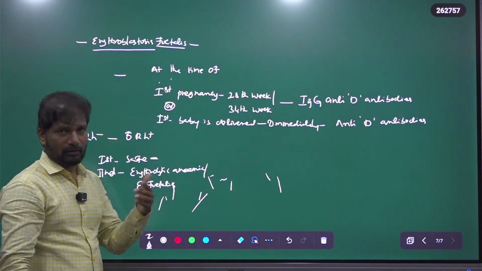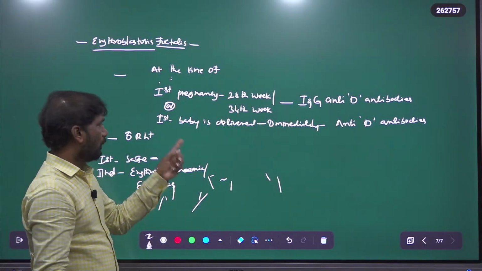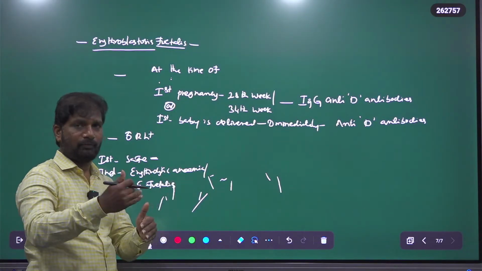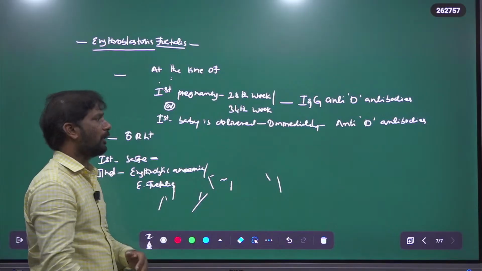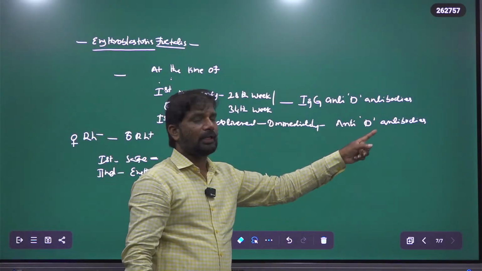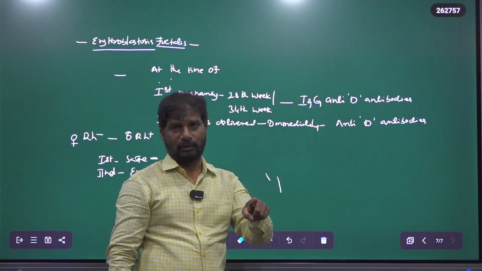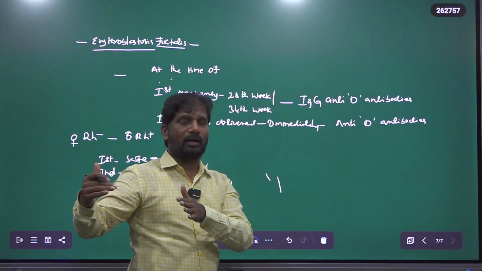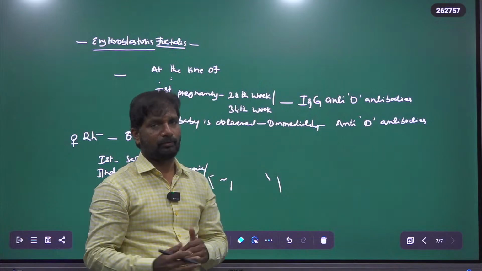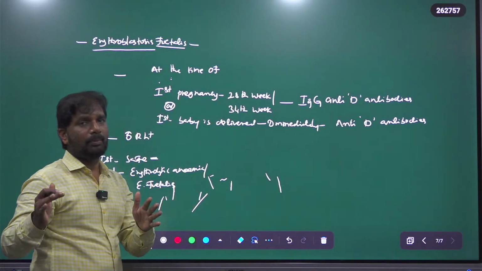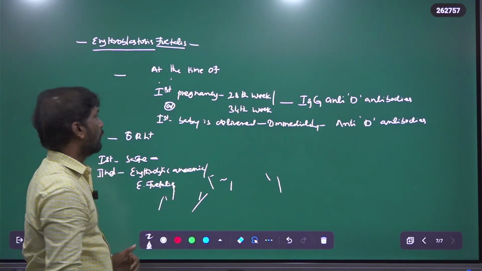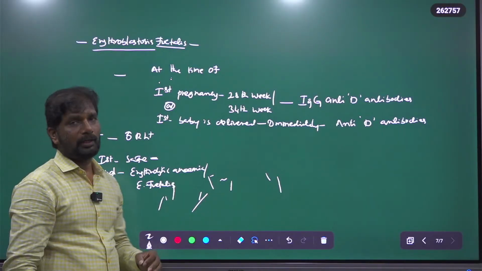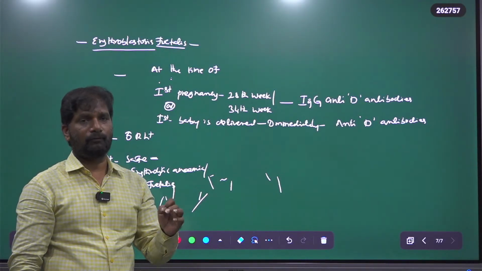Otherwise, after the delivery of the first baby, you can immediately give anti-D antibodies to the mother. It will suppress the Rh antigens in the second pregnancy, so the second baby will be safe. So here is the importance of erythroblastosis fetalis.